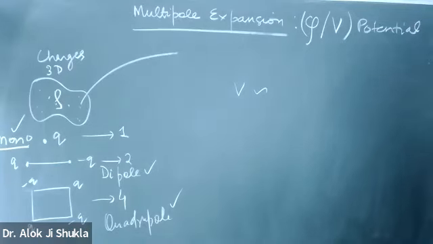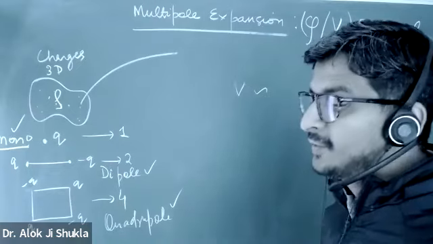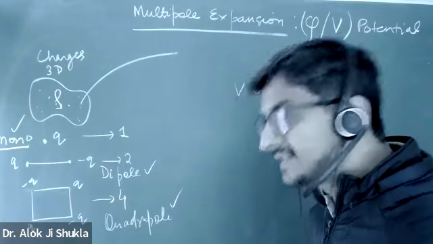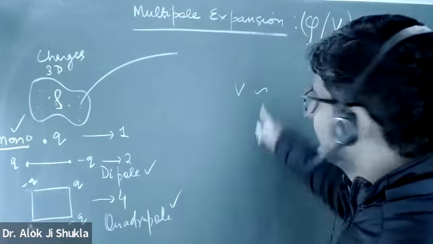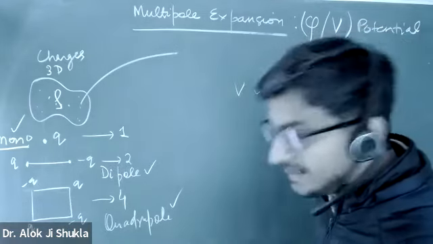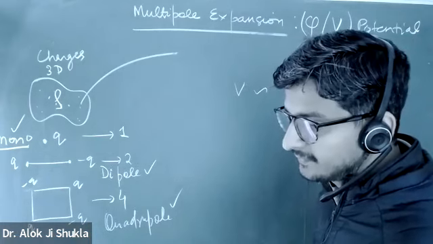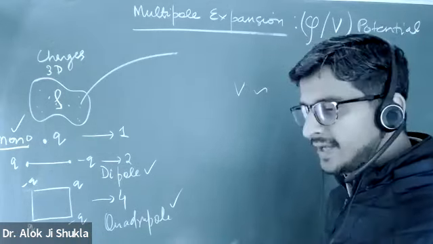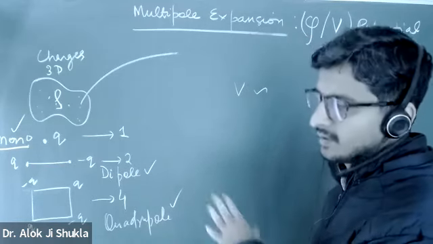You can't say 1 by r square. You will say then I will calculate dipole. If that is finite, then it is 1 by r square. If maybe dipole also goes to 0, then quadrupole पे जाना पड़ेगा. And if that also becomes 0, octupole पे जाना.